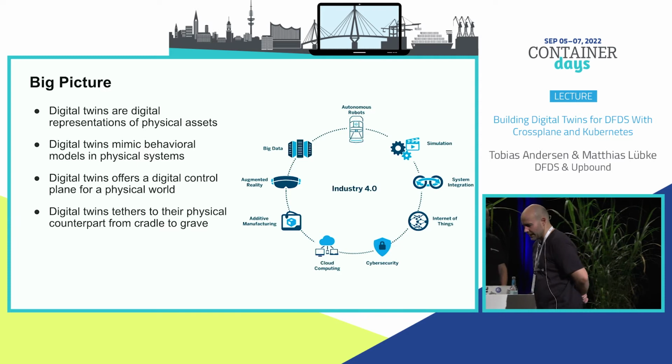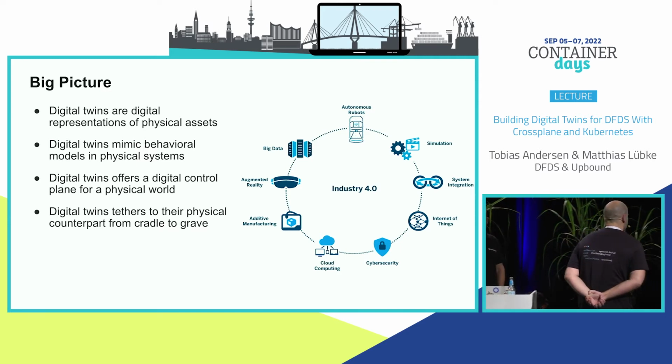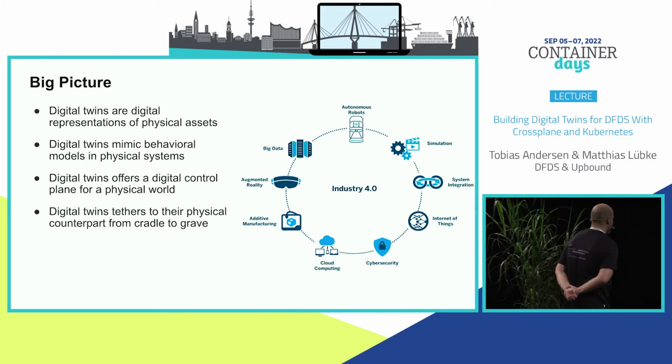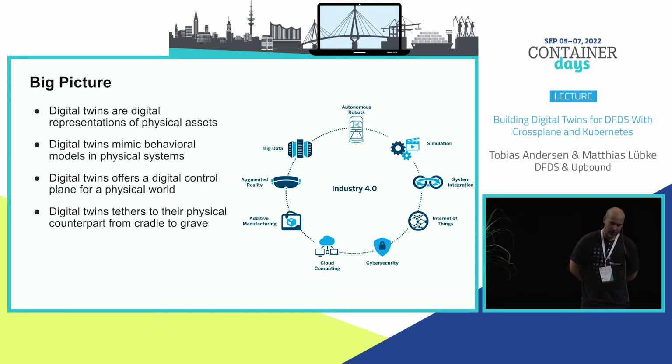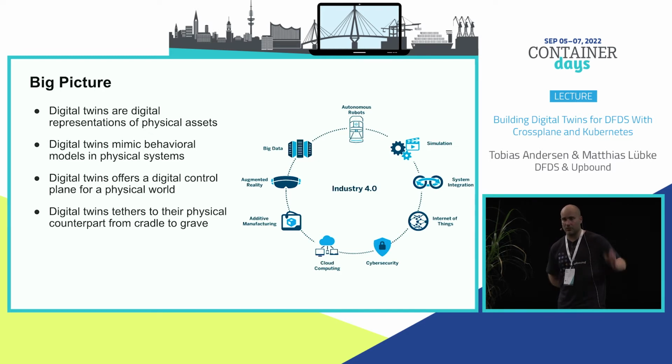And the last part of it is that digital twins basically tether to their physical counterpart from cradle to grave. There I like to use the concept of sneakers, right? My son got me these very nice Nike sneakers for my birthday. I was never really into the whole sneaker cult, but I know there are people who buy sneakers, keep them around and resell them for thousands of dollars.